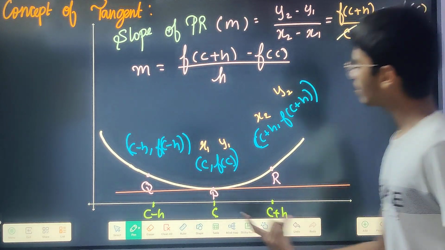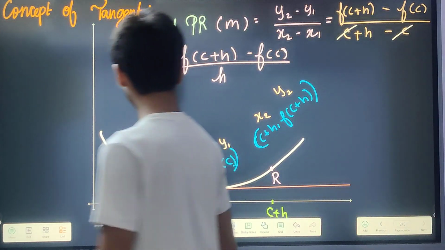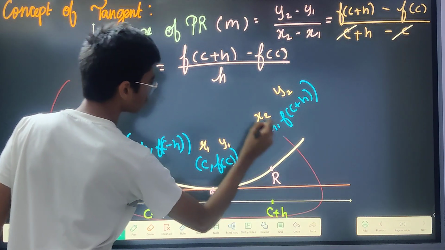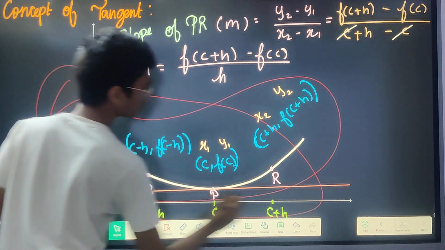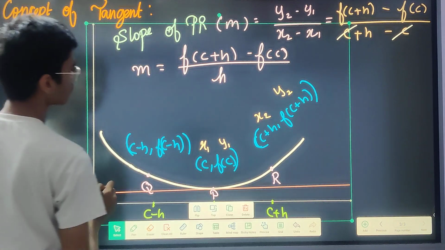Now when I'm trying to calculate for QP, I'm going to minimize this total image. Also h has been chosen.